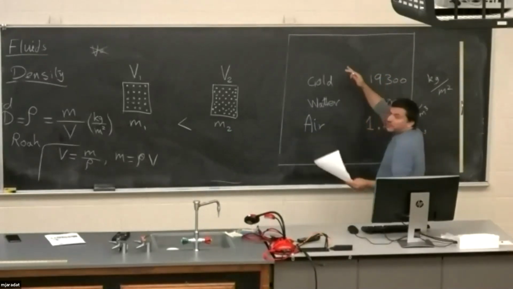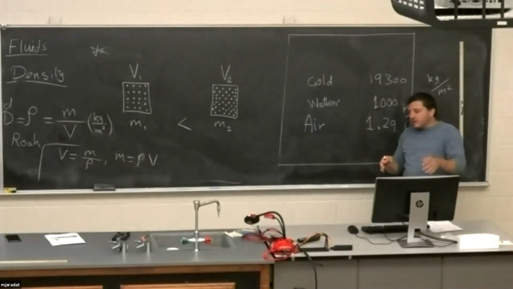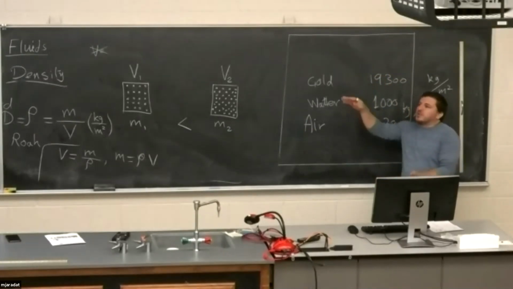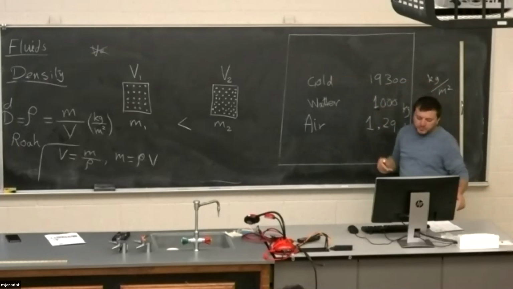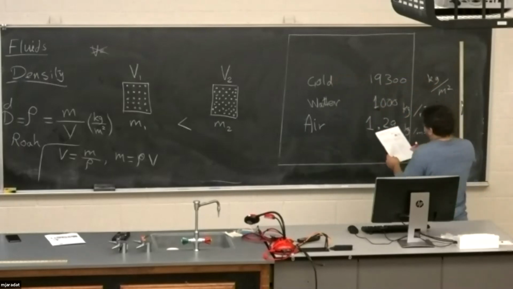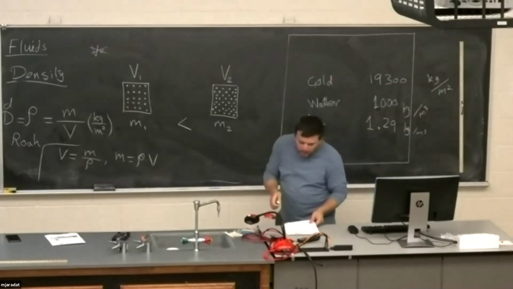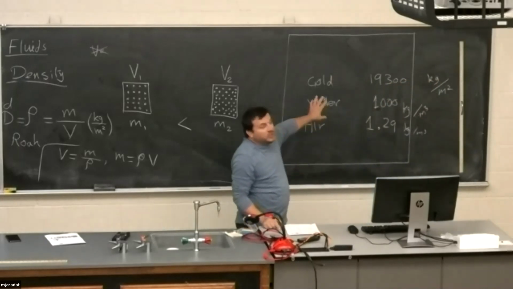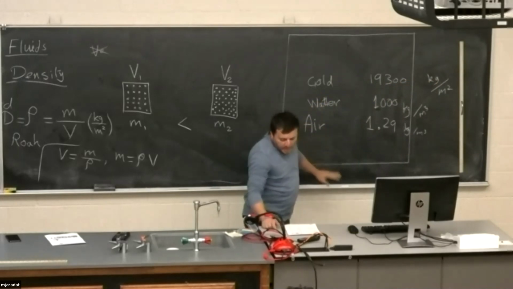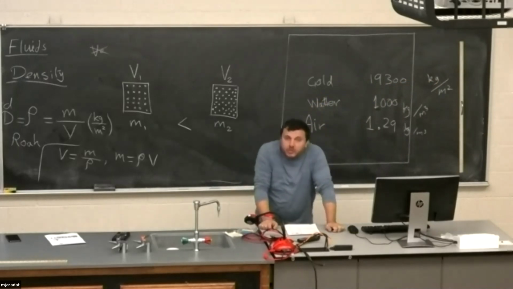This is air. Now we have an example. We need to compute the weight or the mass of the air in this room. What else? I will tell you there are materials heavier than gold. Mercury is heavy. Lead.